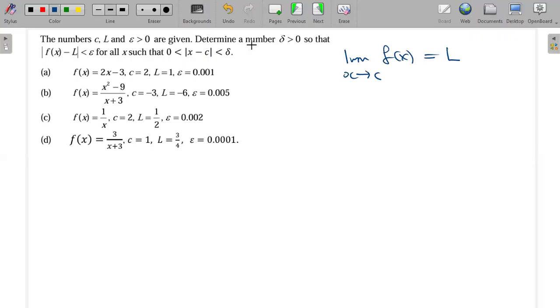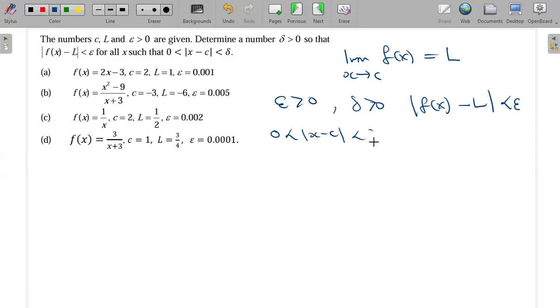Just to refresh you on it: for every given epsilon, that is epsilon greater than 0, and epsilon is just a very small value, we have to find a specific delta, which also has to be greater than 0, such that the difference f of x minus L has to be less than epsilon whenever x minus c is between 0 and delta. Our aim is to find this delta.